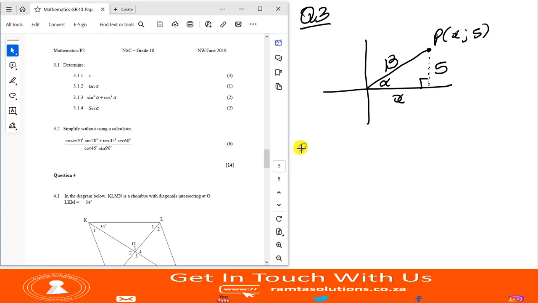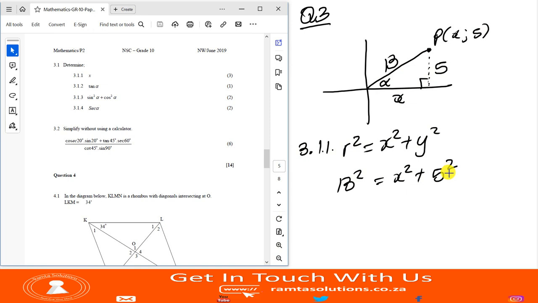Now, question 3.1.1: determine the value of x. This is a right-angled triangle, so you're going to use Pythagoras theorem. So r squared equals x squared plus y squared. What is r? The hypotenuse is 13 squared. What is x? It's unknown. What is y? It is 5. You have substituted everything correctly.